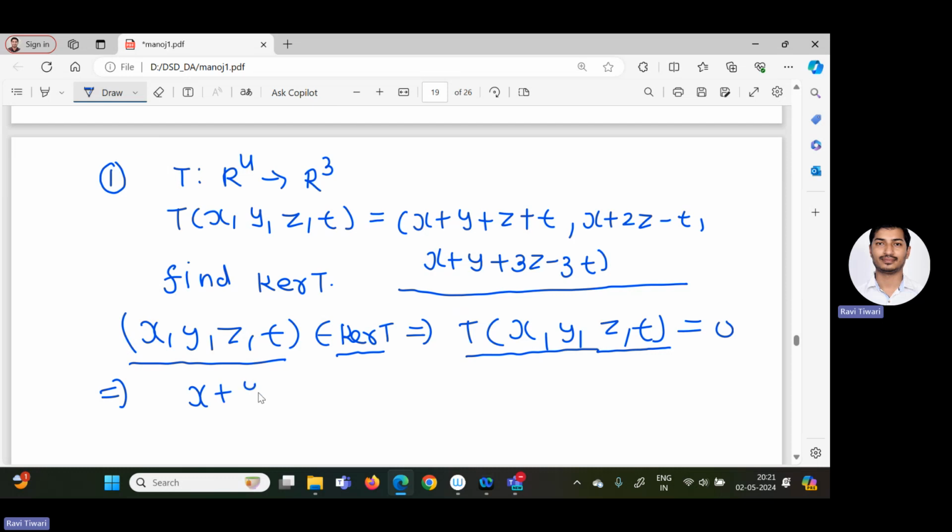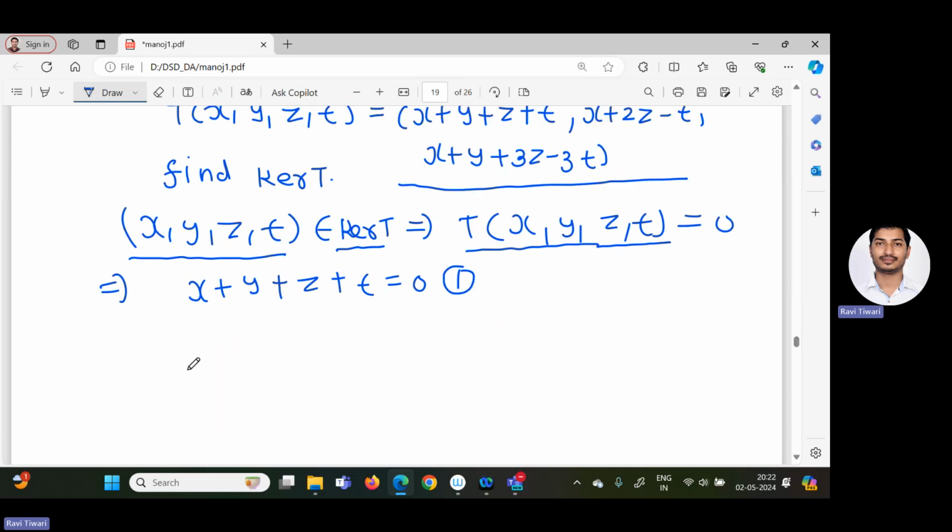First equation: x plus y plus z plus t equals 0. Second equation: x plus 2z minus t equals 0. Third equation: x plus y plus 3z minus 3t equals 0.